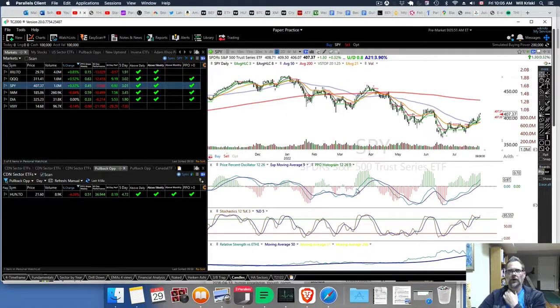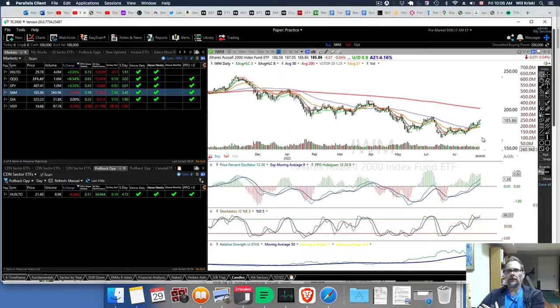So you see how it got up above zero here and then it turned around. So, there's no guarantees at all, obviously, but we have broken this kind of downtrend here, but you know, we need to see more activity, more upward trends, but it's doing pretty well. IWM, which is the Russell 2000, right at the top of that channel.